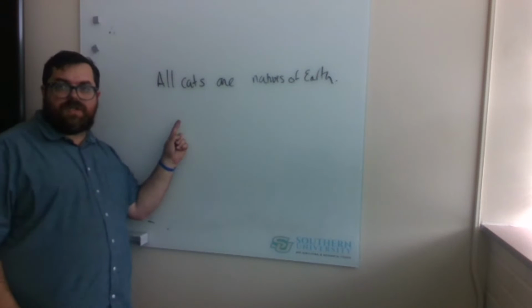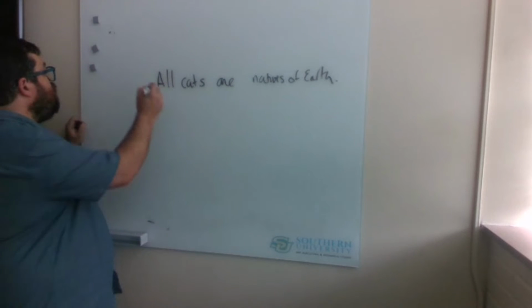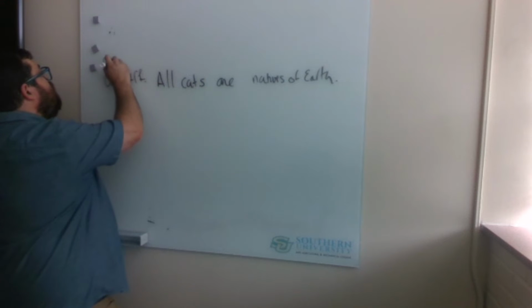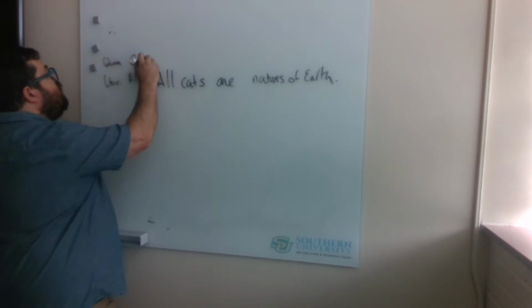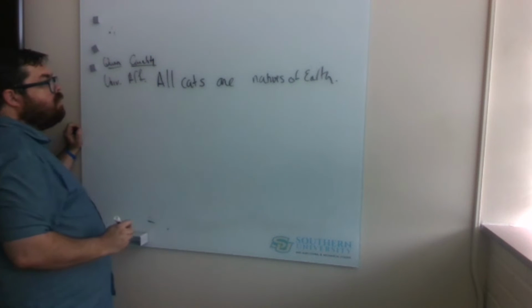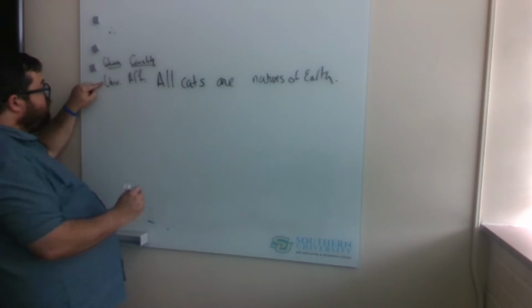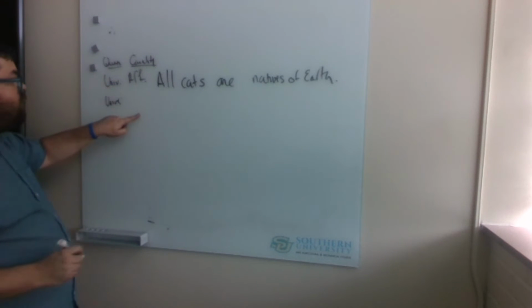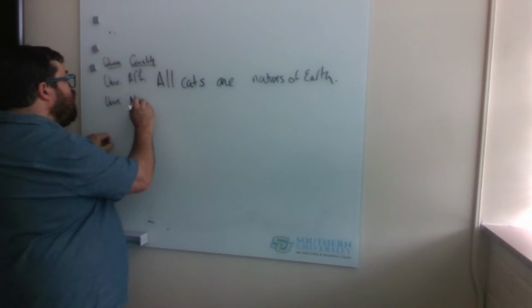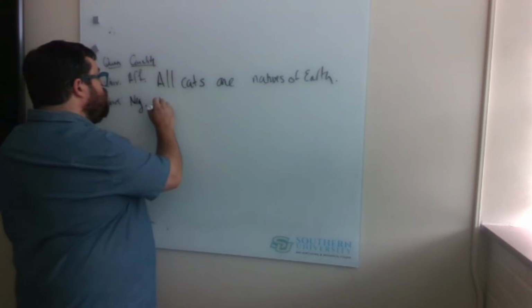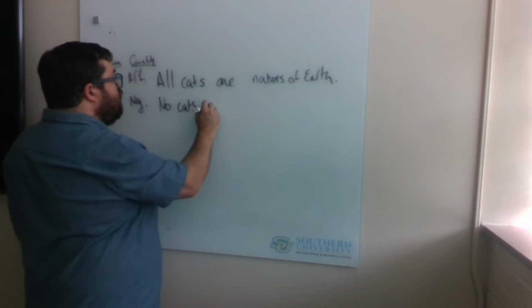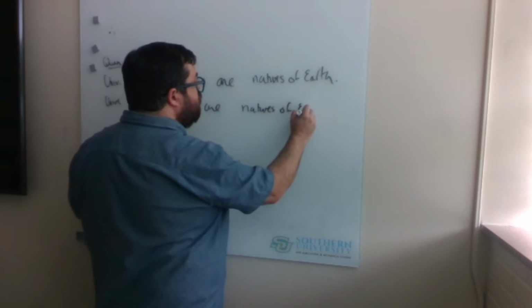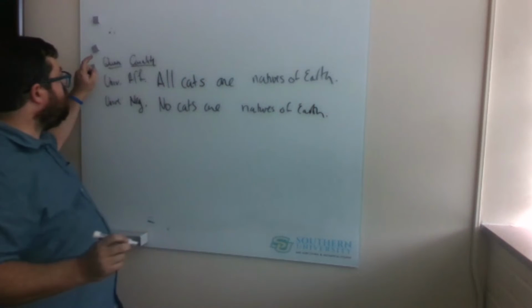Now we know this to be the universal affirmative, and the quantity and the quality combine to form their very formal names. So we keep the quantity, which is universal, but we're going to change affirmative to negative. So the universal negative would become, step one, no cats are natives of Earth. So you change the quality, not the quantity.